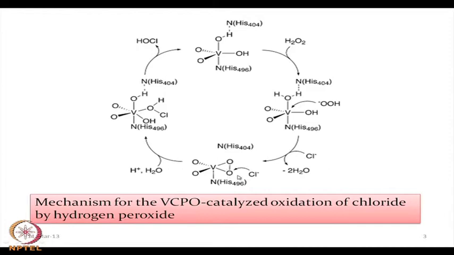Here we have the trigonal bipyramidal geometry, and that bipyramidal geometry has been squeezed to a square pyramidal geometry, and for that purpose these two coordination positions have gone.